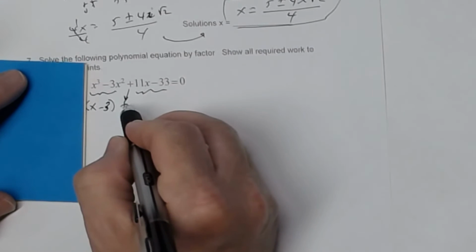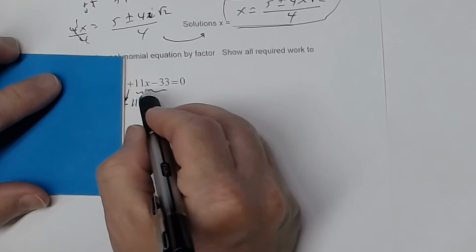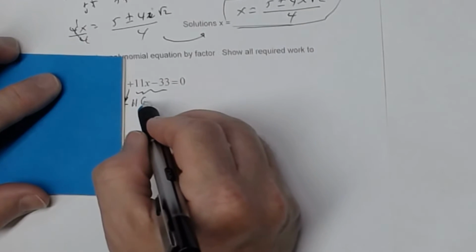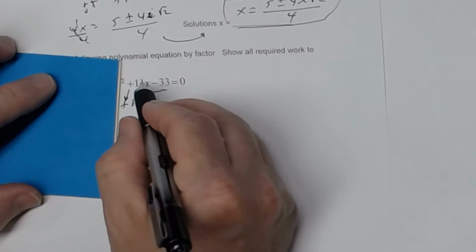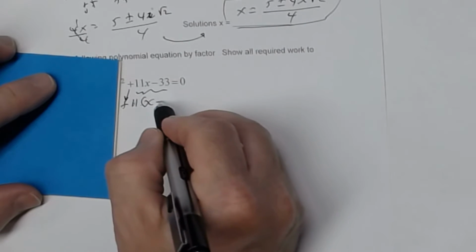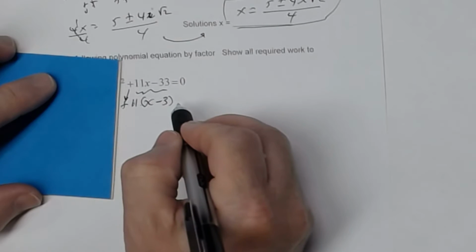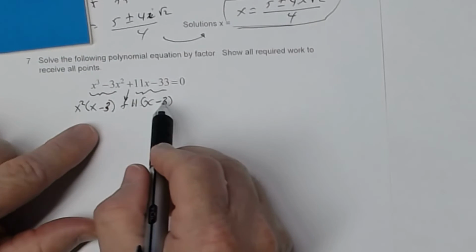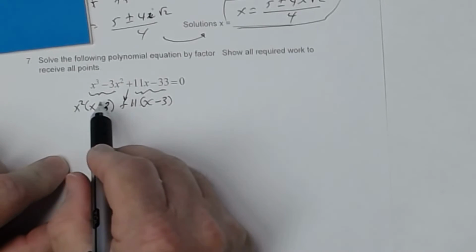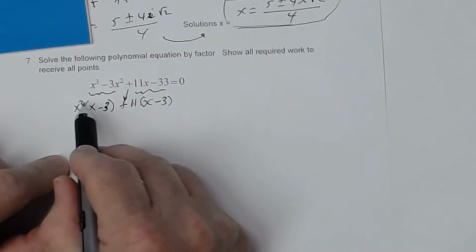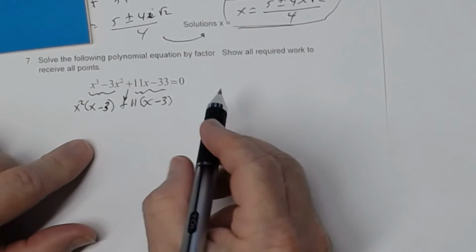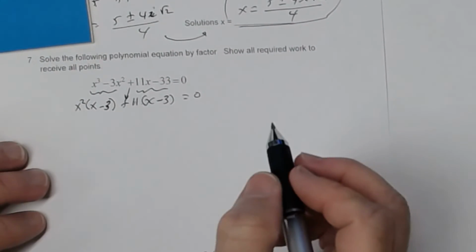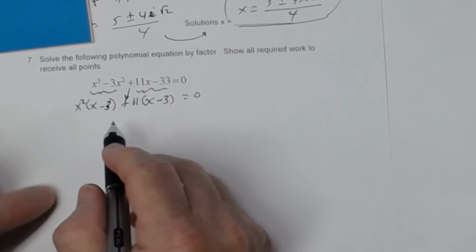So you're going to say plus 11 times, and then 11 times x is 11x, and then 11 times a negative 3 is a negative 33. And then you need to recognize that these 2 products that you see here both have x minus 3 in common, which is what you needed. Now I'm going to factor out that x minus 3.